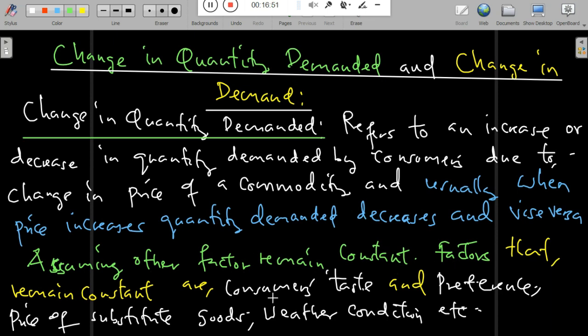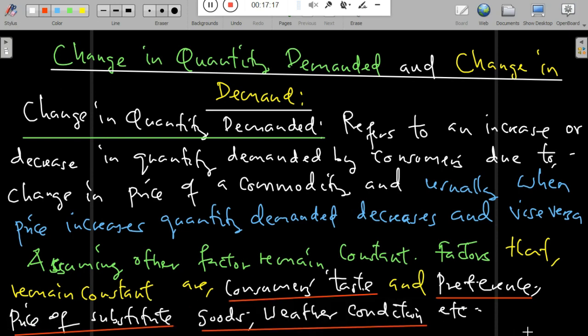Change in quantity demanded and change in demand. As we discuss here, what is the difference between the change in quantity demanded and change in demand? Some people confuse these two concepts. The change in quantity demanded refers to an increase or decrease in quantity demanded by consumers due to a change in the price of commodities. Usually, when the price increases, quantity demanded decreases, and vice versa, assuming other factors remain constant.